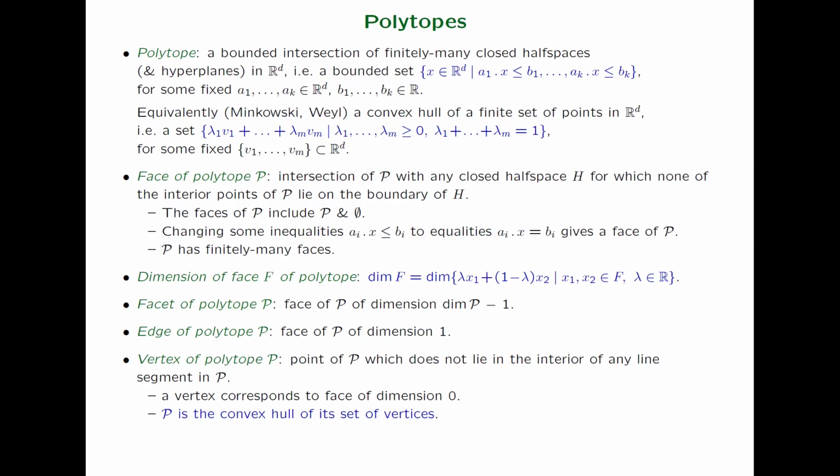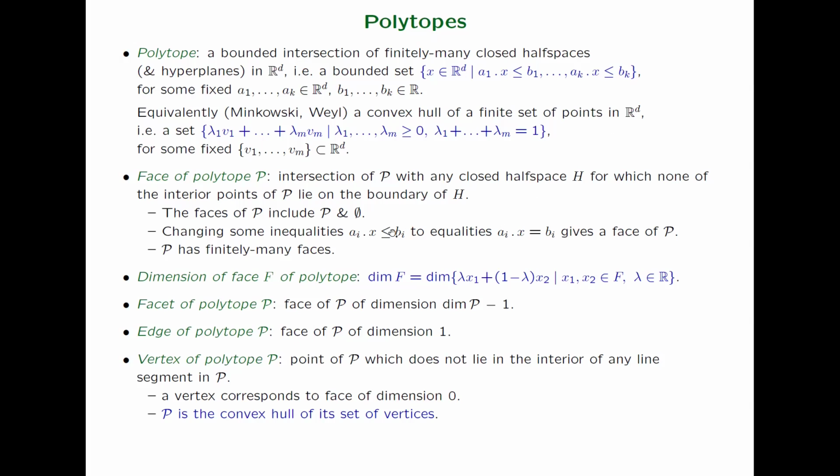If the whole of the polytope is completely on one side of the half space, then you get the whole polytope being a face. If none of it's within the half space, then you get the empty set, but those are very extreme cases. The interesting ones are the intermediate ones.